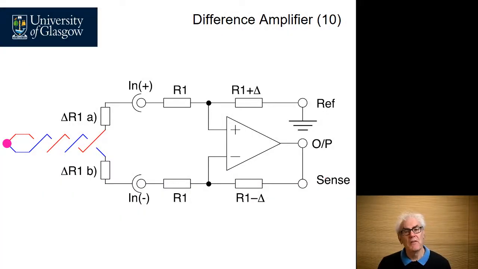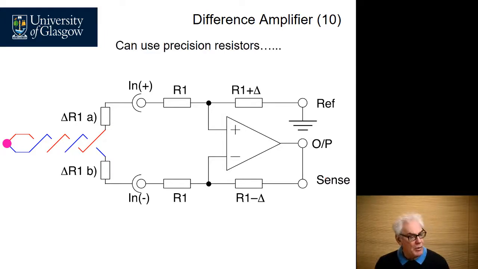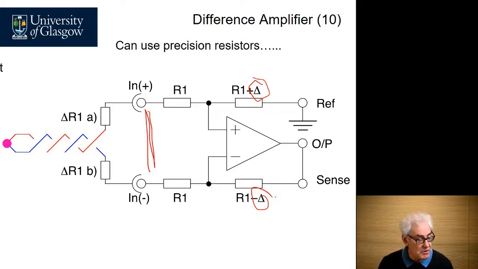Let's go back to our difference amplifier and look at how it might behave when we do the analysis again. What we have here is our two input terminals. We've got our mismatches here due to the tolerances, and delta is 2 times the tolerance of resistors.